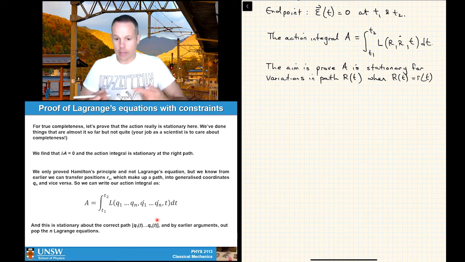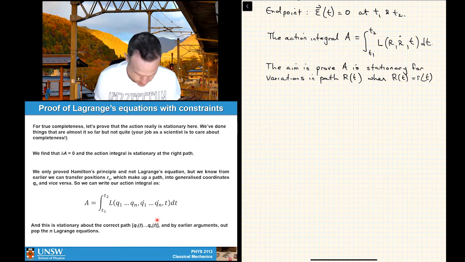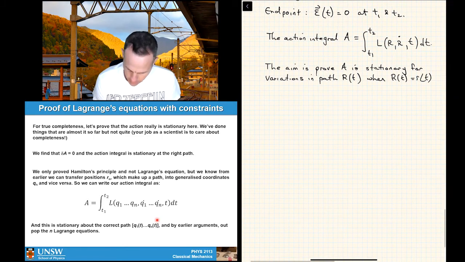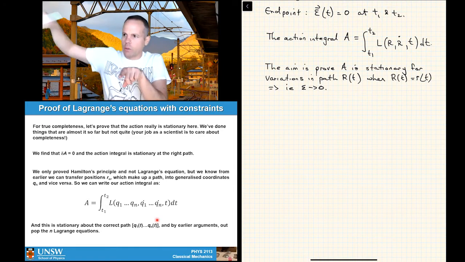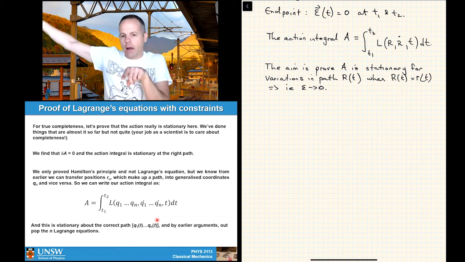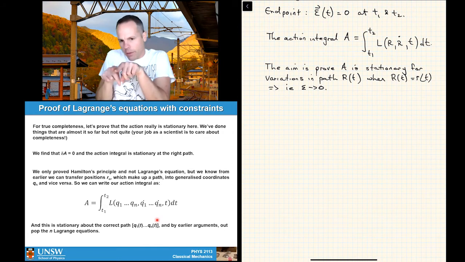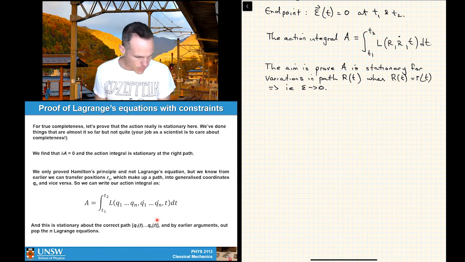In other words, when we hit the correct path, A must be stationary. Which is the same thing as saying when epsilon goes to 0. Okay, and we're specific about this because we could imagine that for very large epsilon, there's another stationary point somewhere out, and that's obviously going to be the wrong path. Okay, so we're going to want to work close to the path to solve this little problem here.